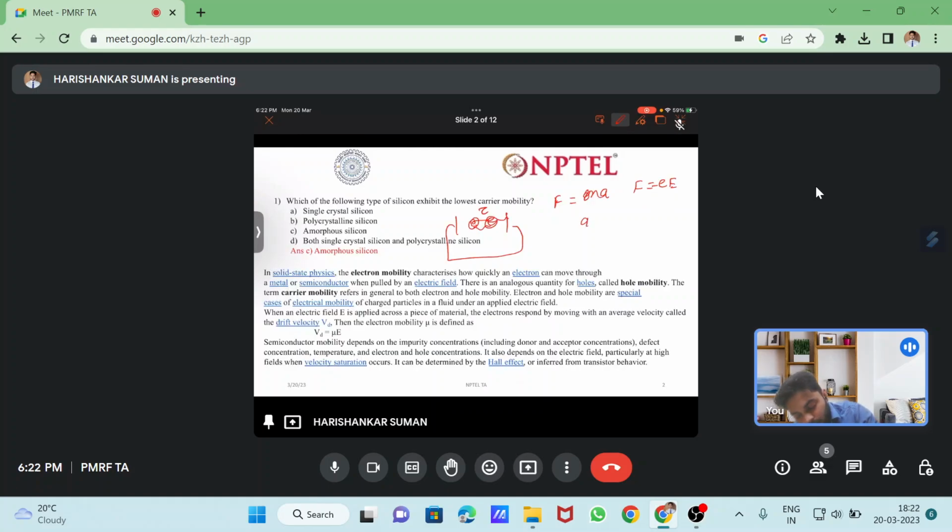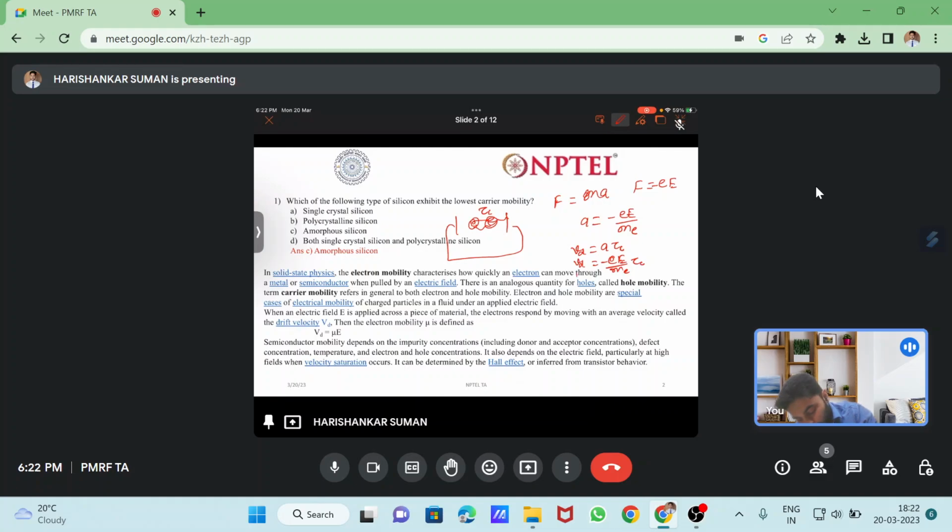So what will be the value of a? It is minus E divided by the effective mass. Then v equals a times tau c, where tau c is the charge carrier lifetime. Put the value of a, E over m, into tau c.